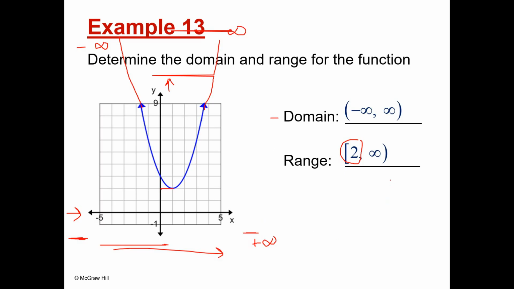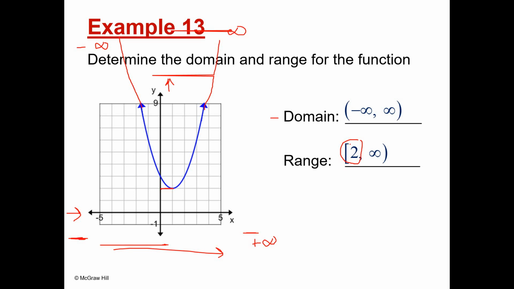The values of y go to infinity because the function is going to infinity. For infinity, we use a parenthesis to indicate that this upper bound is not included. However, 2 is included in the function. This function passes through this point. So 2 is included.